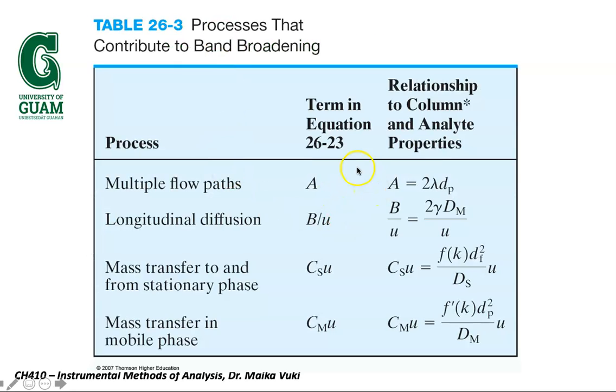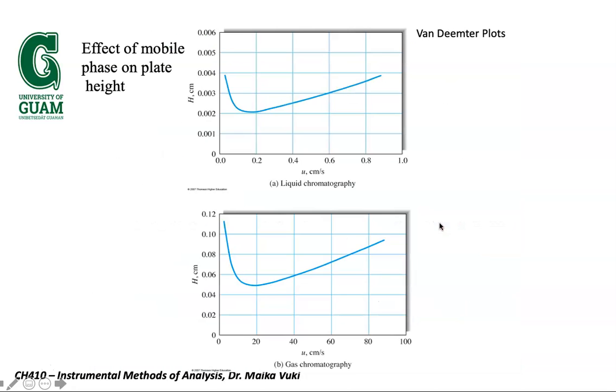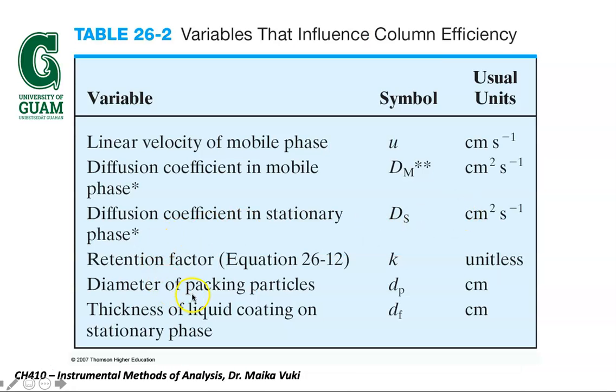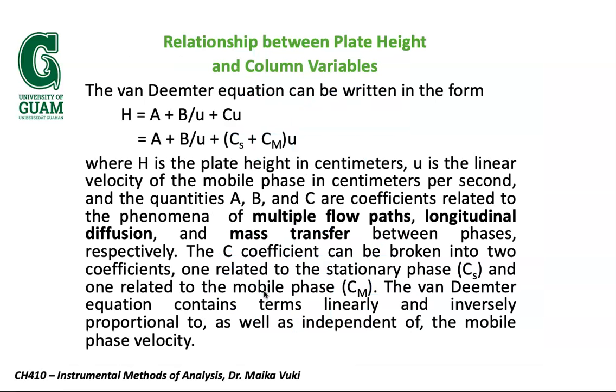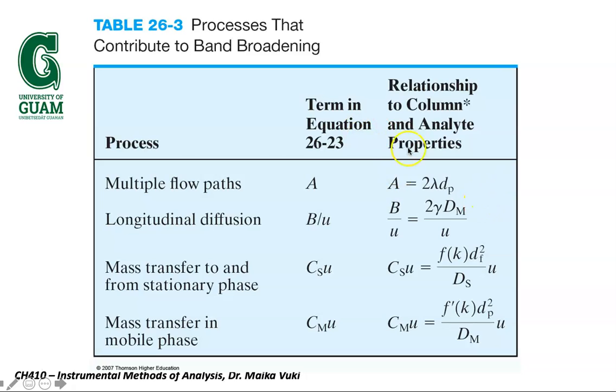So let me just illustrate again what the terms in there are and what they relate to. A is related to the lambda term and dp. dp is the diameter of the packing particles, that is the stationary phase, and that's part of the nature of the column packing. This one, the lambda term.